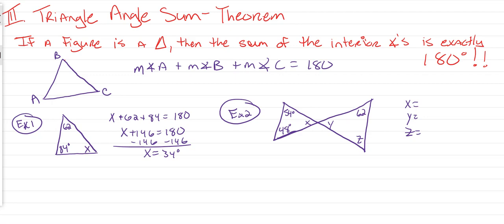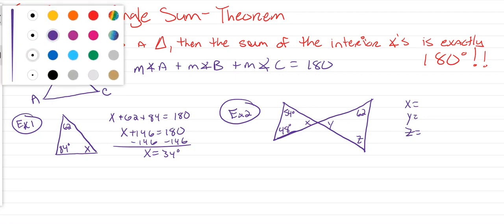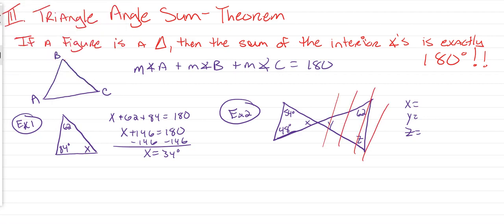For this type of problem, we need x, we need y, and we need z. What I would suggest for this particular problem is to block it out. I would ignore this part of it for now and just focus on this triangle first.